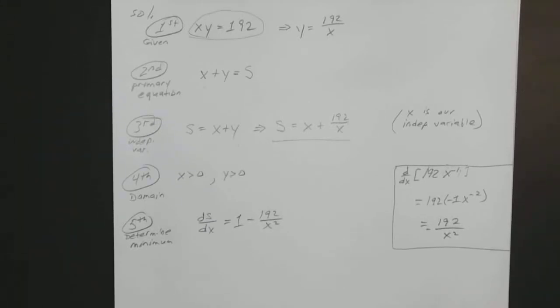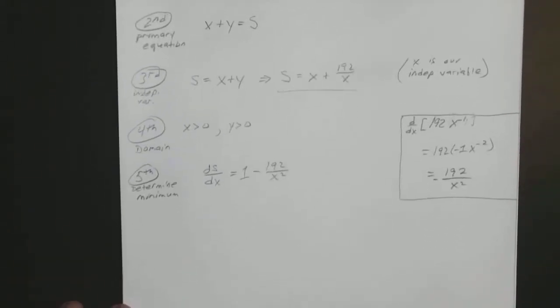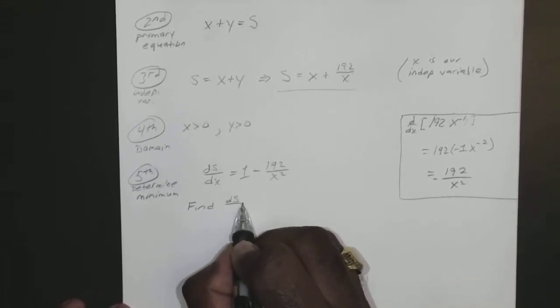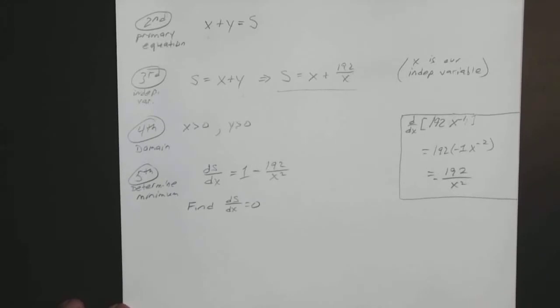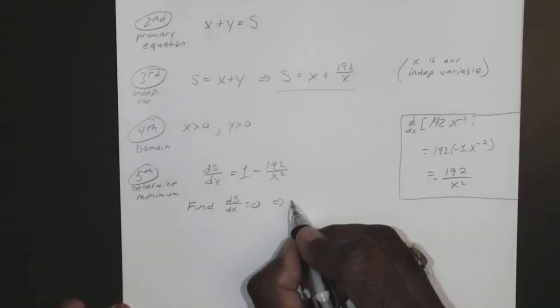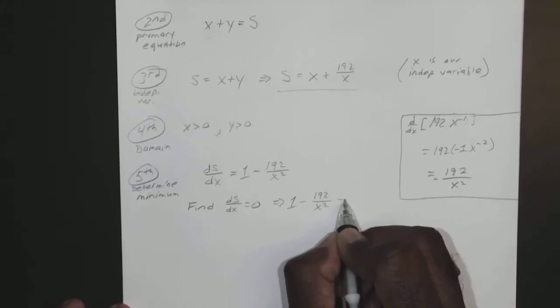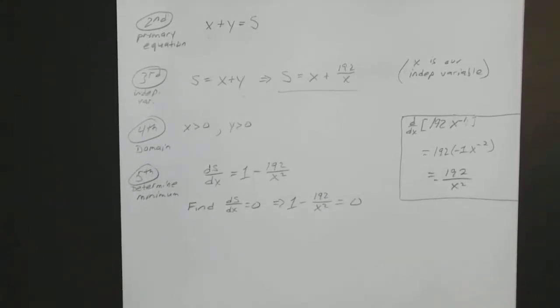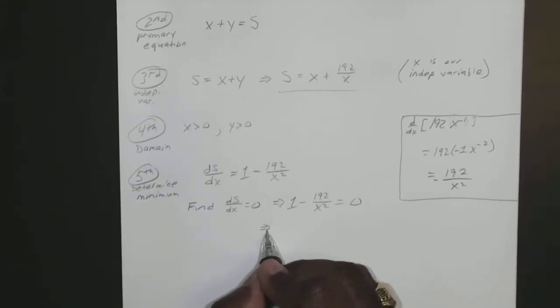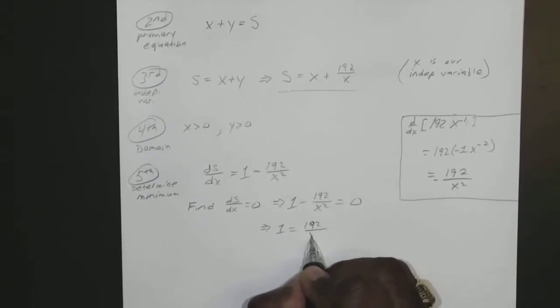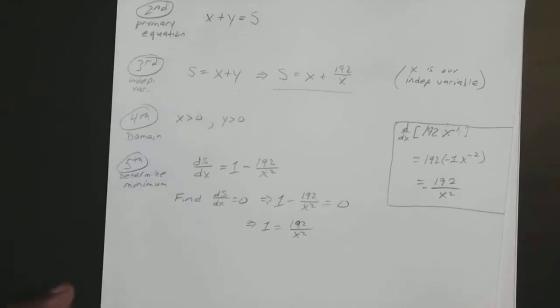Okay, so now we have to find our critical point, which is where your first derivative is equal to 0. Which means we have to find where 1 minus 192 over x squared equals 0. If we add 192 over x squared to both sides, we get 1 equals 192 over x squared.